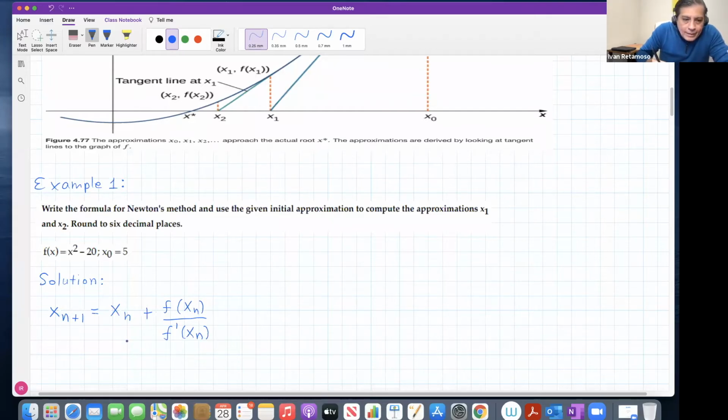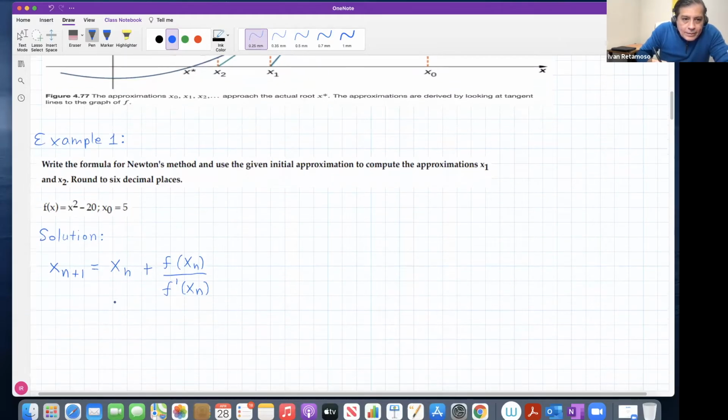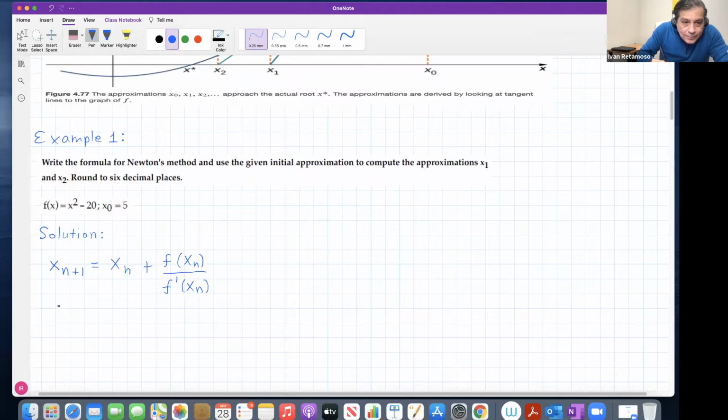Great. Now, if I am looking for x1, then I have to use the previous x0 minus f evaluated at x0 over the derivative of f evaluated at x0. But what is x0? Well, x0 is given.